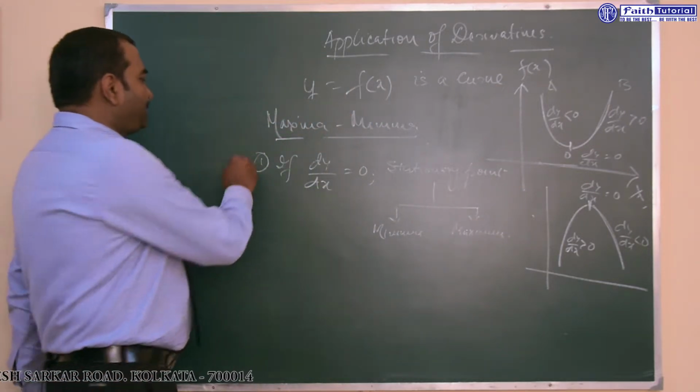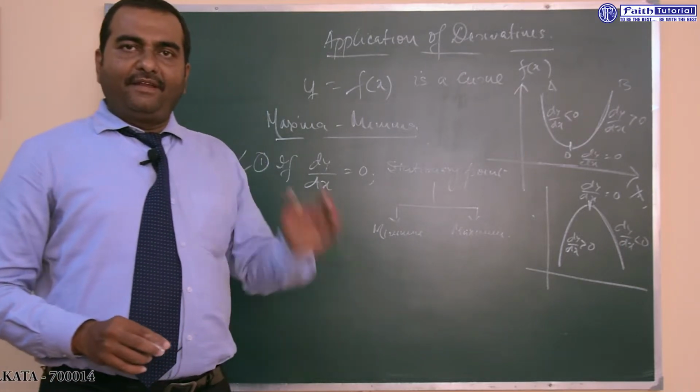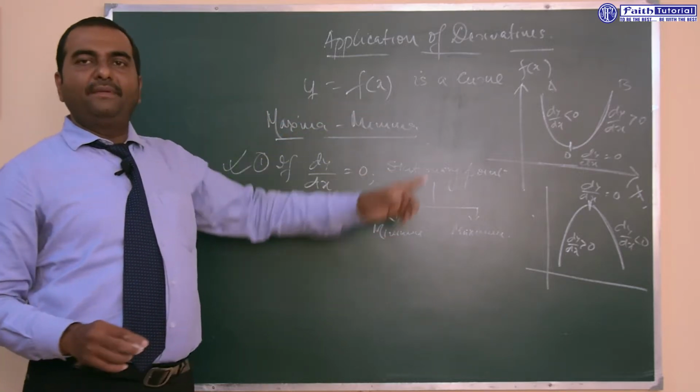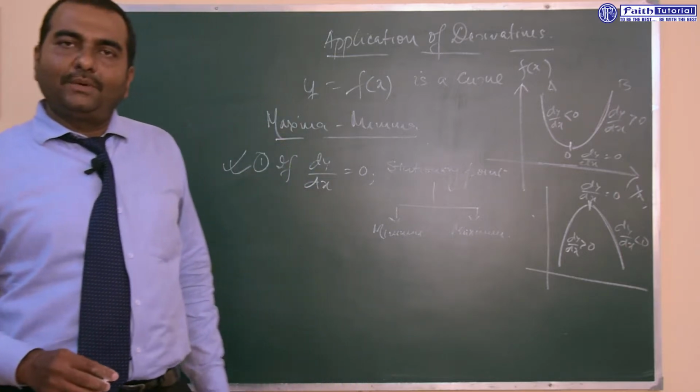So that's the first order criteria for a function to be maximum or minimum. When we intend to find out the maxima or the minima of a function, the first criteria is dy by dx equals 0.